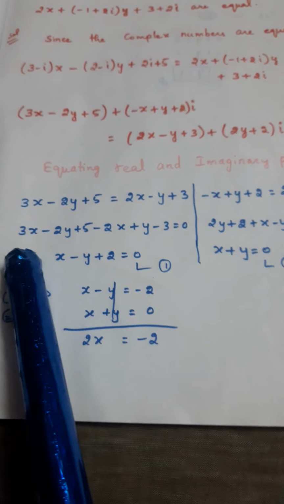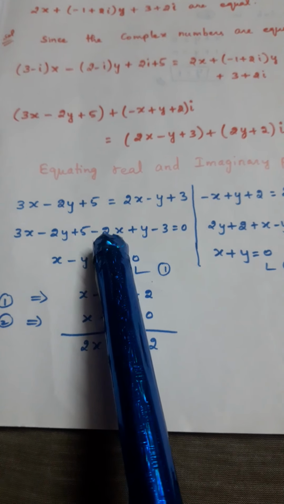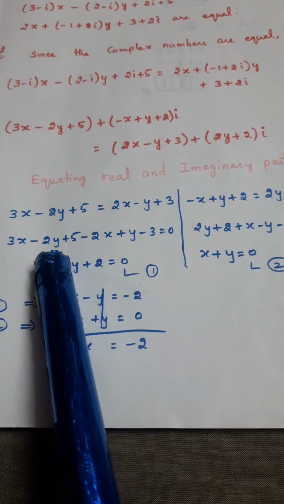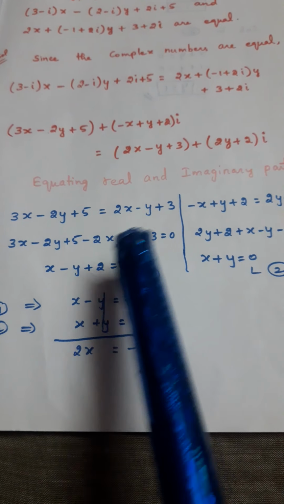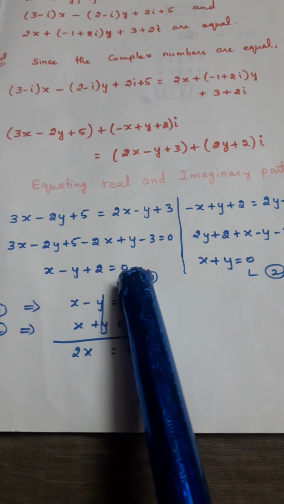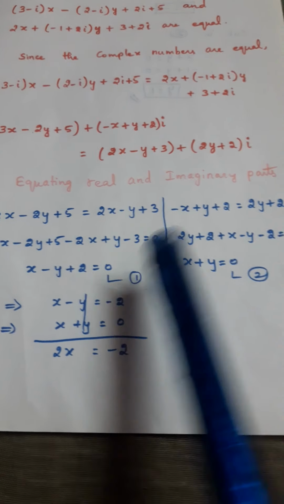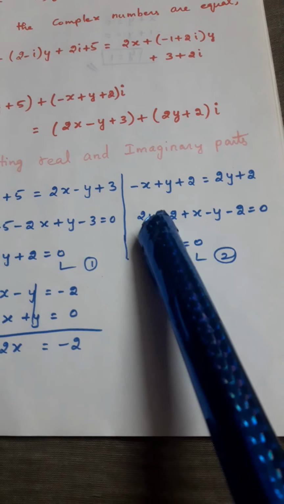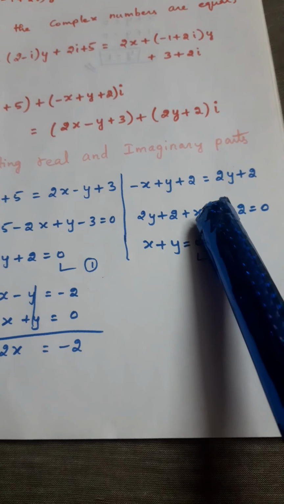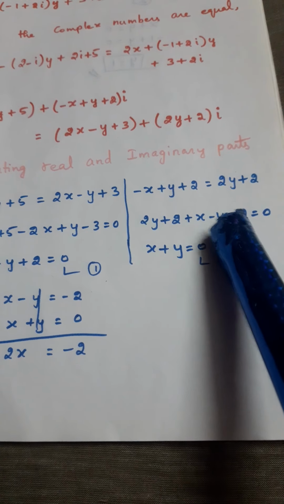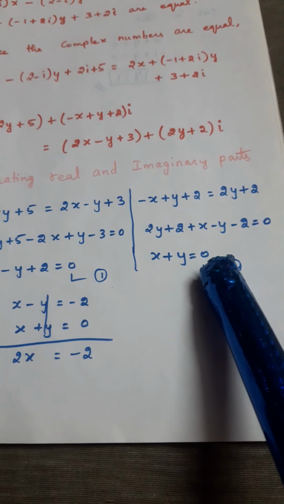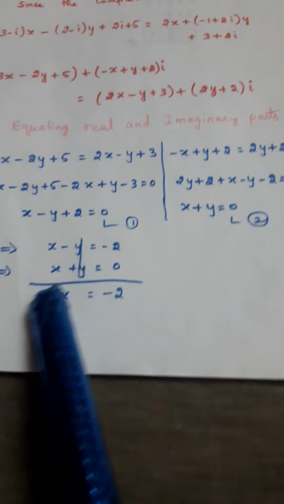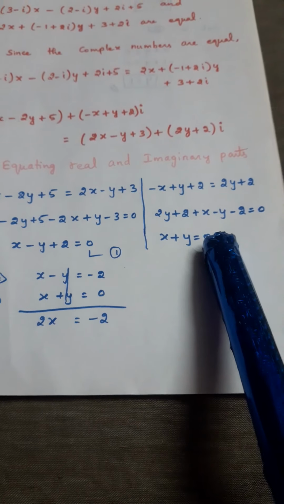Now simplify: 3x minus 2x, x; minus 2y plus y, minus y; plus 5 minus 3 plus 2, equal to 0. We are getting one equation here. Similarly, if I simplify this, first I am writing this x here, then 2y minus y, plus 2 and minus 2 will get cancelled, so equal to 0. This is the second equation.